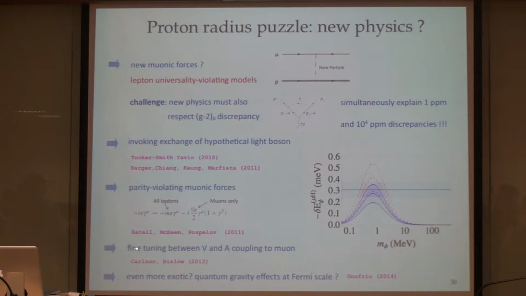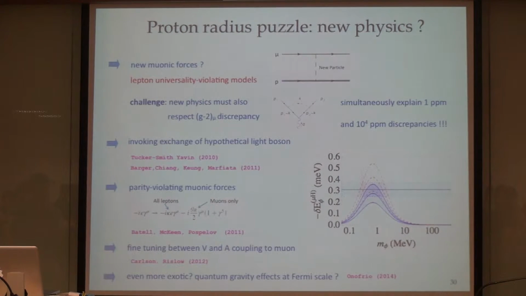And then people have also proposed fine-tunings in order to explain this and that at the same time. So you introduce both vector and axial vector particles, and you make them cancel or nearly cancel here. Actually, you need to cancel 4 orders of magnitude roughly, and then you have the effect there. So it's a cancellation fine-tuning at 4 orders of magnitude.